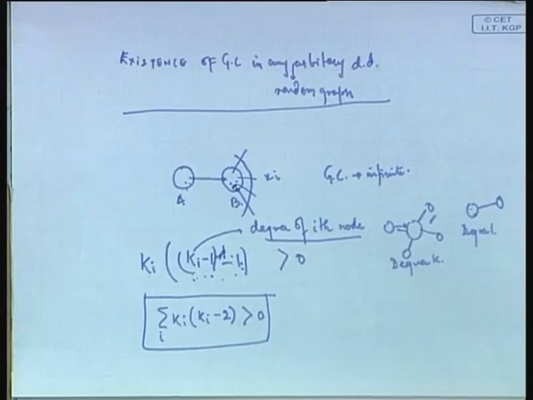So, while I am doing a walk, I always have a better chance of reaching a high degree node than a low degree node. That should be taken into consideration when I am thinking of an expanding graph, where I go from one node to the second node and then to the third node this way. And what does giant component mean? That if I go on exploring, it will be an infinite component.